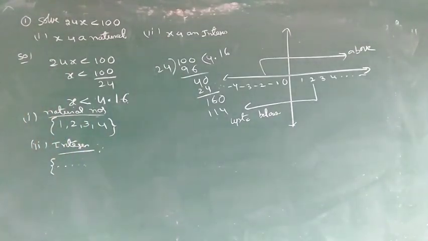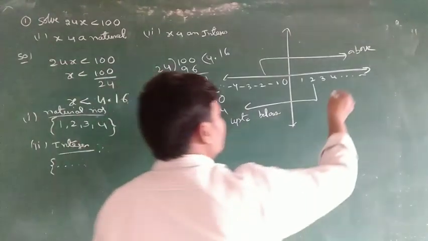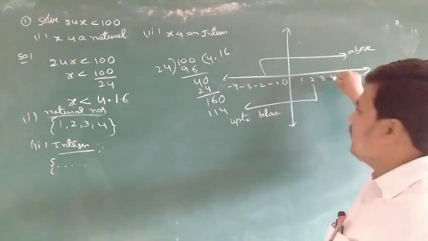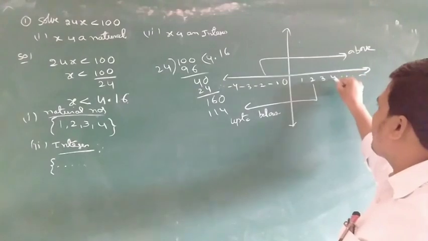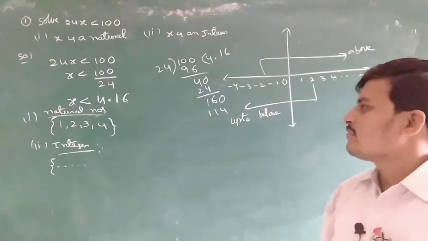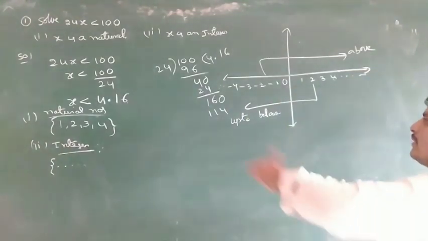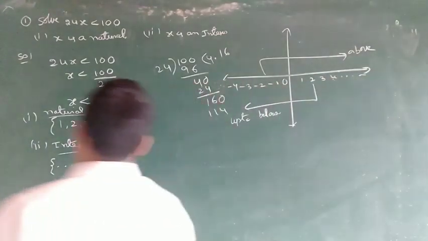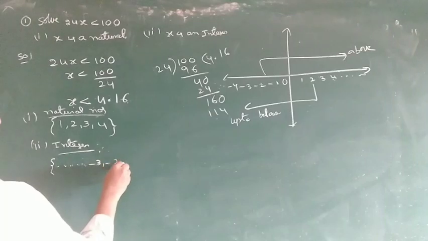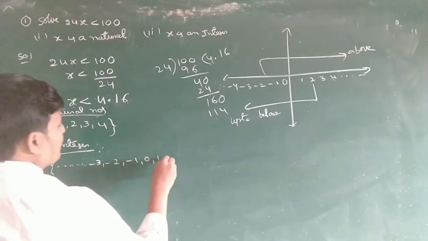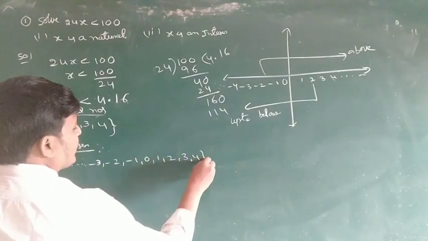Below 4, this is 4 and 4.16 is nearly here. Below means going from right to left, and so on: minus 3, minus 2, minus 1, 0, 1, 2, 3, 4.